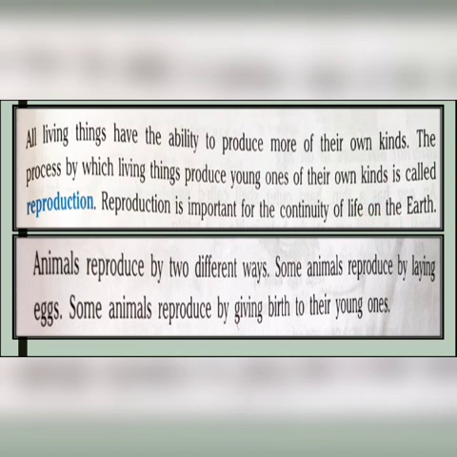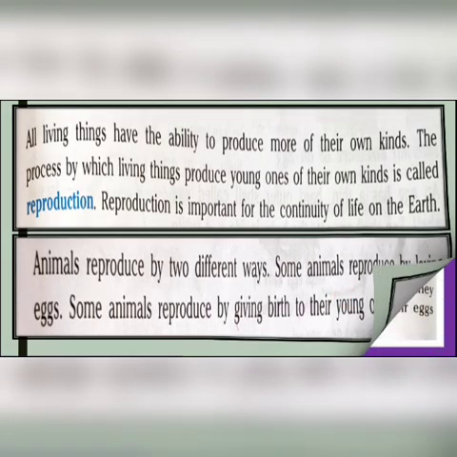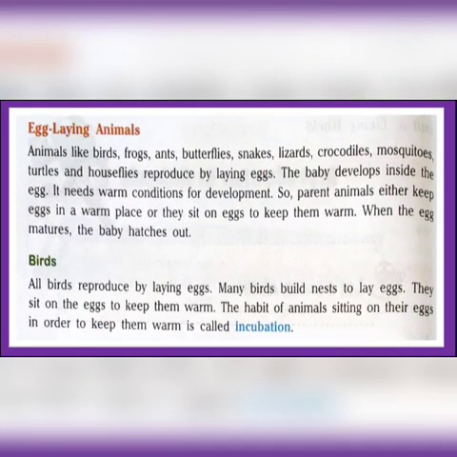There are two ways by which animals reproduce. The first one is by laying eggs, and the second one is by giving birth to their young ones. First, let us know about egg-laying animals. Animals like birds, frogs, ants, butterflies, snakes, lizards, crocodiles, mosquitoes, turtles, houseflies, they all reproduce by laying eggs.